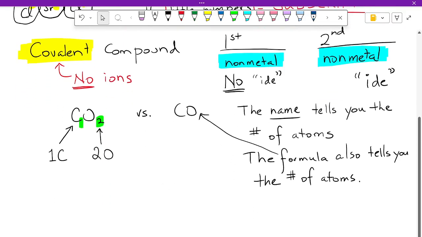So if we drew a picture of this molecule, yes? Oh, I'm just saying there's 1 times and 2 times. And this is just showing you the work. This is nothing official. This is just work, okay?